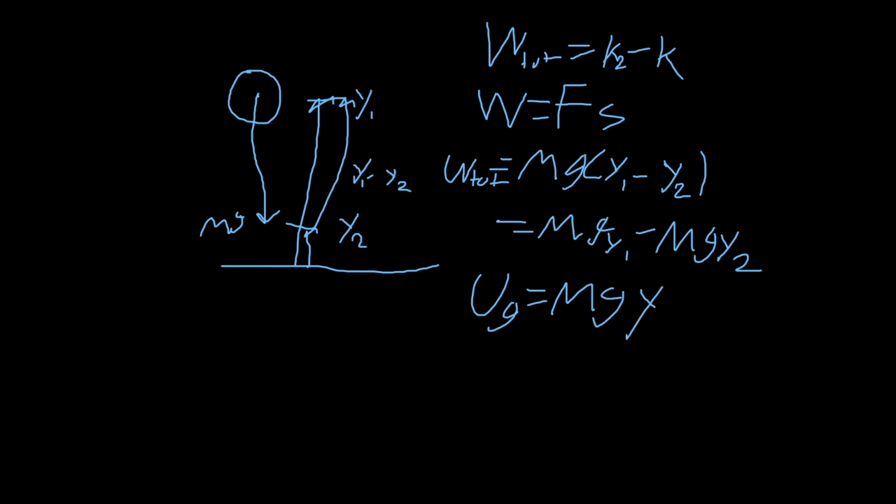So as we can see, this is going to be U1g minus U2g. Therefore, the work is equal to the change of potential energy.